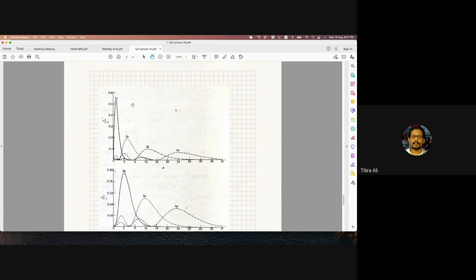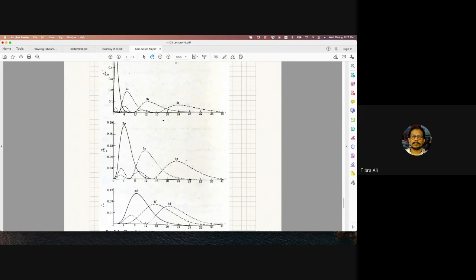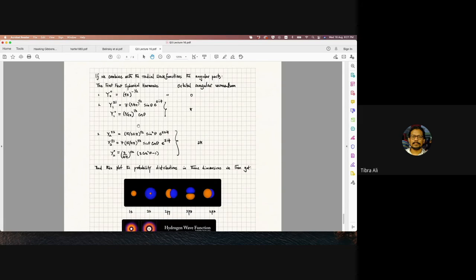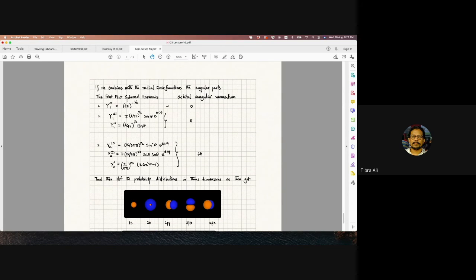So now, this is the radial behavior. We can multiply it with the angular part, which are things you derived before, or I told you to derive, and then you can combine them. And if you combine them, you see that wherever we have L equals 0, it is constant.